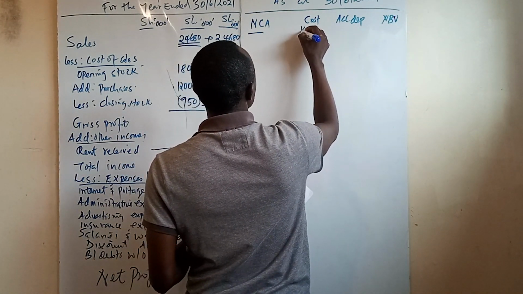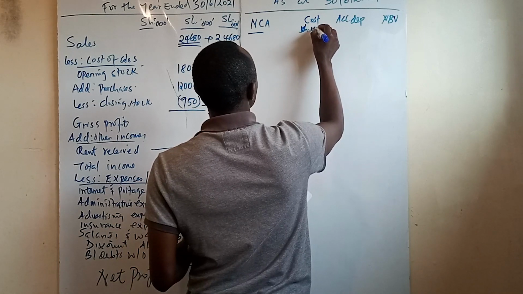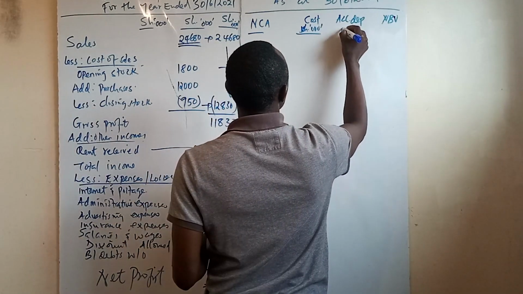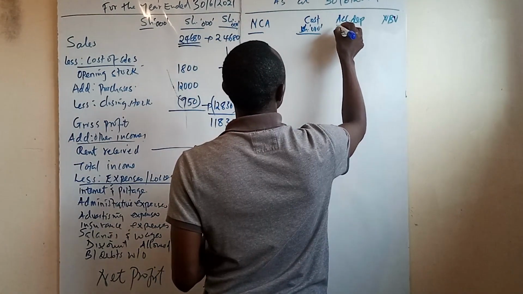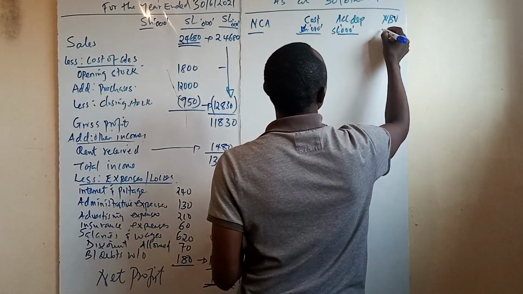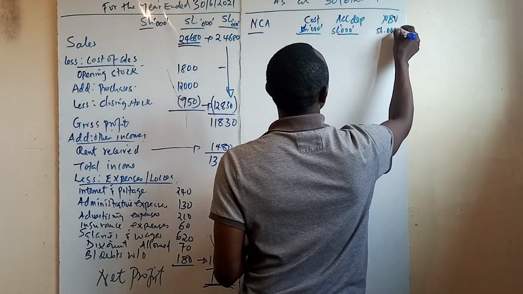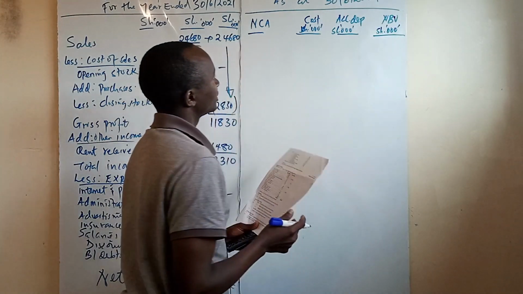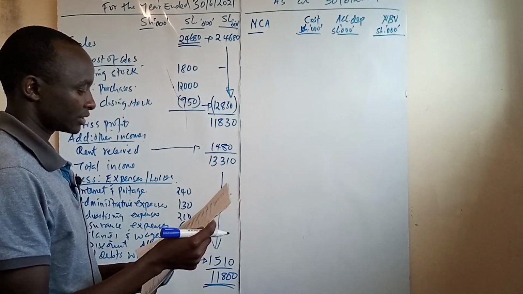So these are costs in shillings, but in thousands. Accumulated depreciation in shillings, but in thousands. Then you have the net book values in shillings, in thousands.